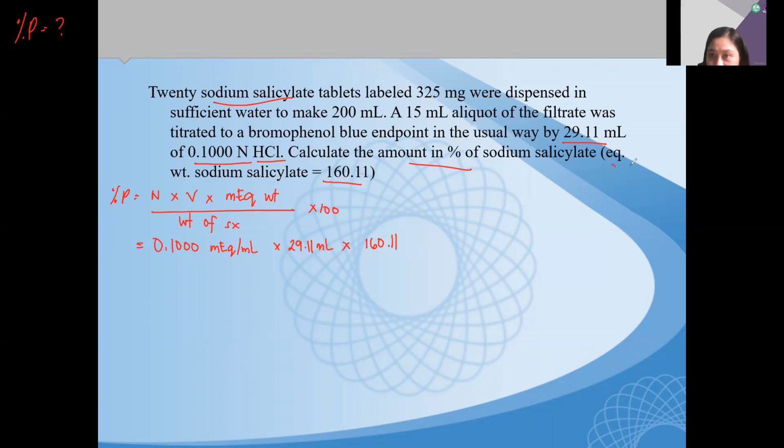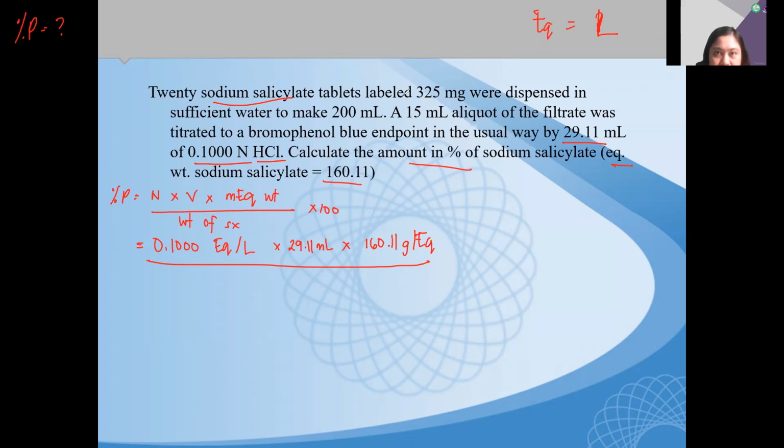What is written is equivalent weight. Equivalent weight should be in grams per equivalent. I'll change the units, class, because the partner of equivalent weight is liter. So this will become equivalent per liter.